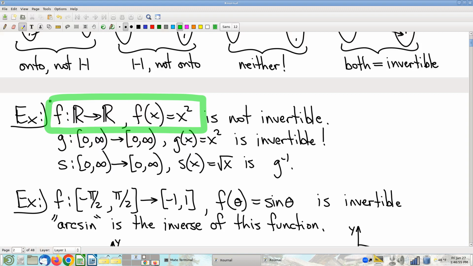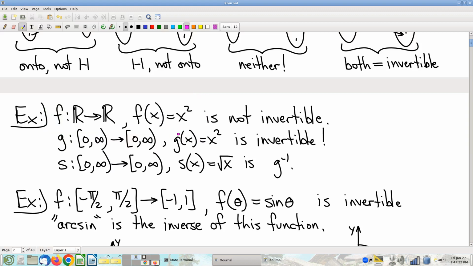A couple of easy examples: looking in the target, 25 has two preimages. It is not a one-to-one function. And also, -7 has 0 preimages. This is not an onto, surjective function. So this function is not even close to invertible as written.